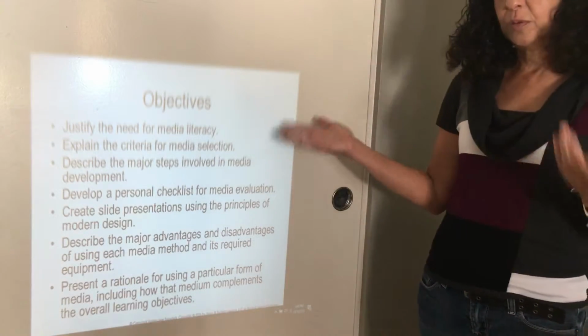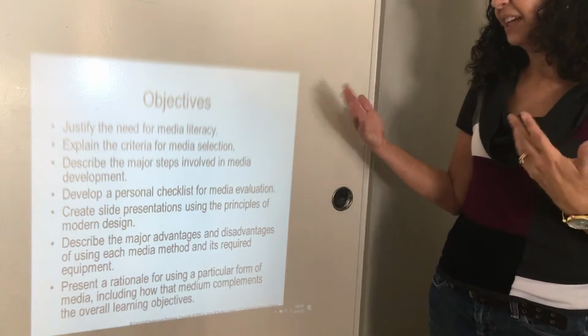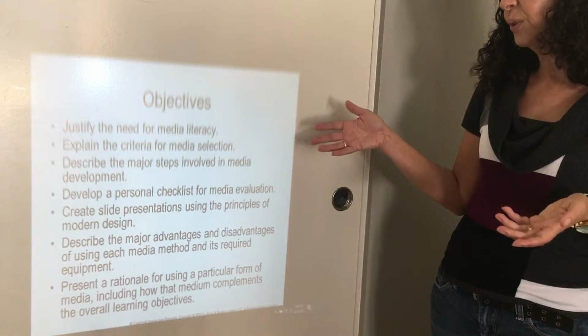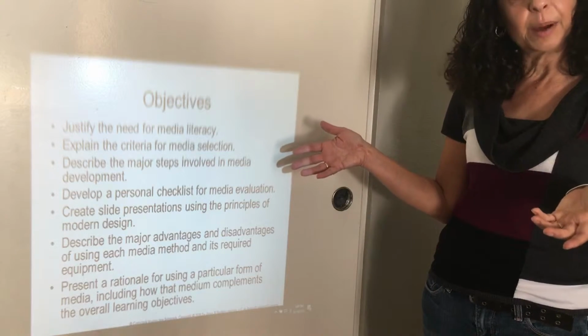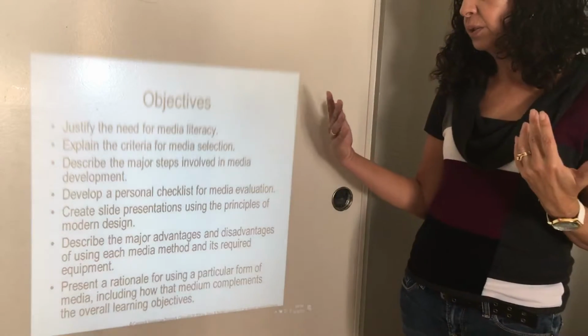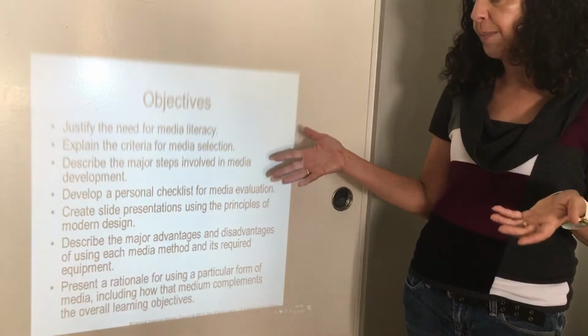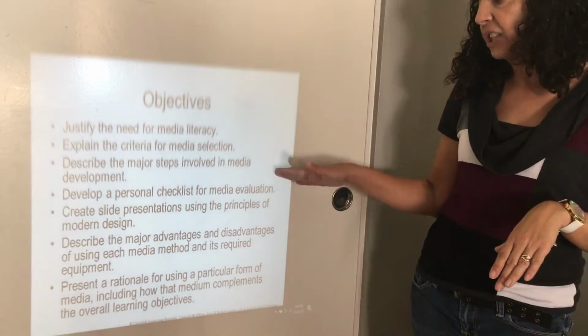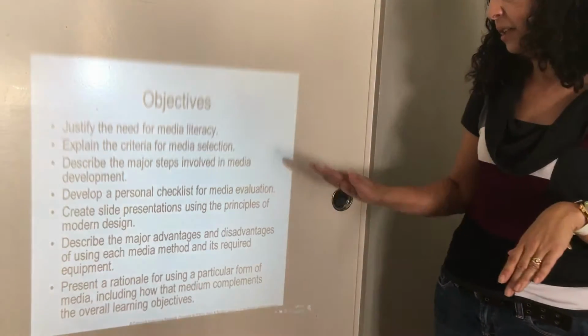So one of the objectives of this chapter is to really justify the need for media literacy. Also explain the criteria by which you might want to consider which media to use. You will know the major steps that are involved in media development. You'll have a checklist for media evaluation.